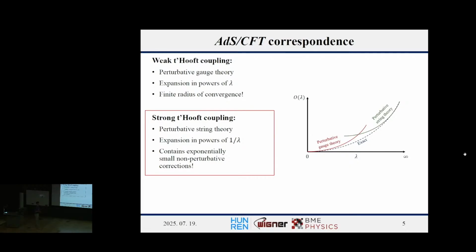So what I will talk about is exactly this strong 't Hooft coupling limit, and I will explain in certain cases for this determinant observable how you can compute effectively to any order the 1 over lambda corrections and the exponentially small corrections.